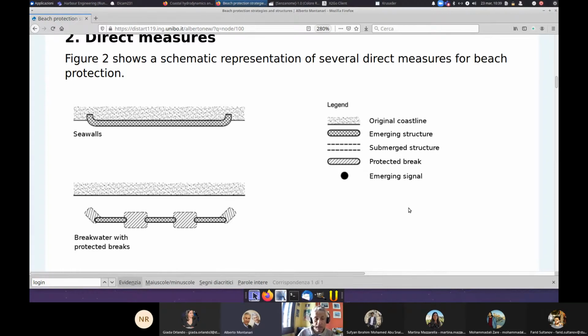And sometimes the submerged structures are marked with a signal, the black circle, to avoid that boats may collide with them. Now, the seawall, it's clear. It's a protection that allows you to hold the line.